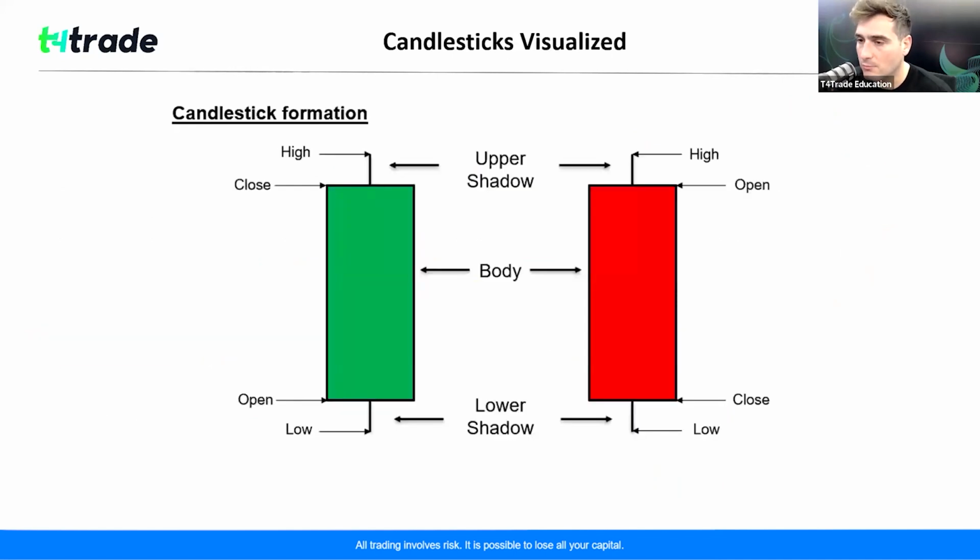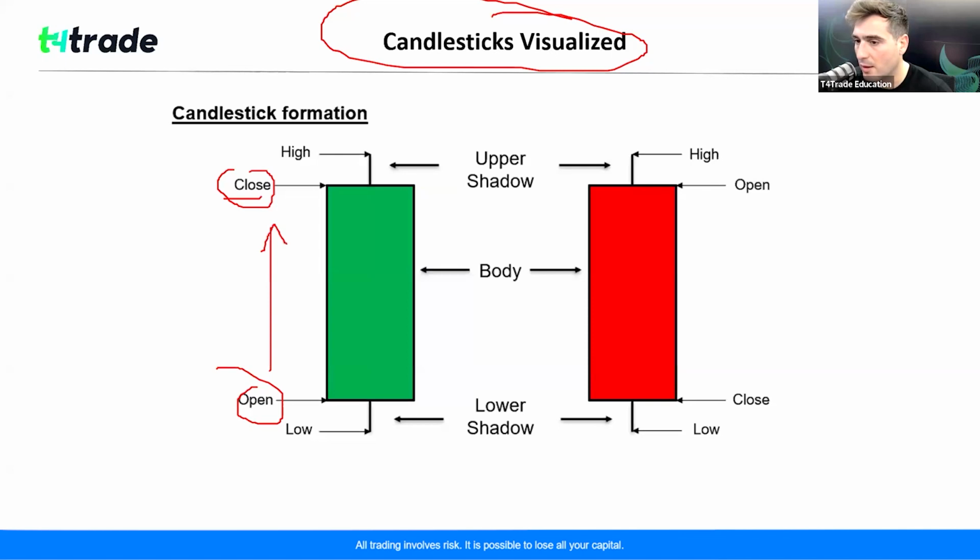This is another way of visualizing candlesticks. Again, the closing price is higher than the open price. Prices open there and move up there, bullish. Open is up there, close is down there, prices move downwards, bearish. Simple enough. We've seen this.